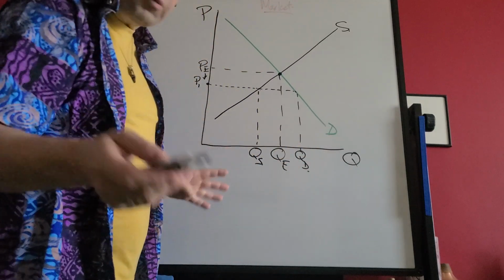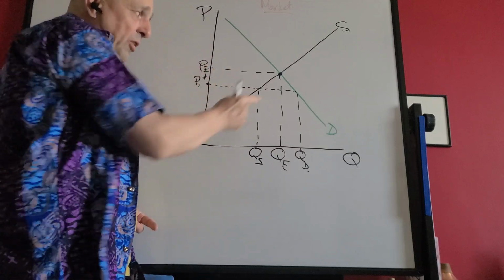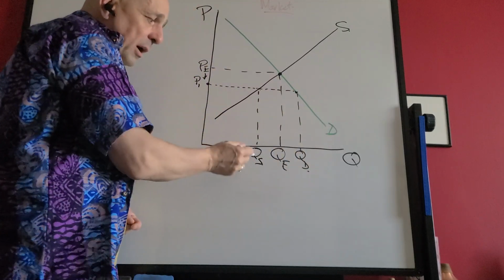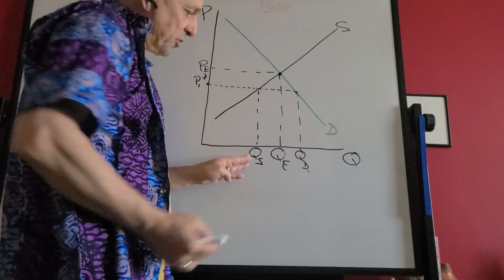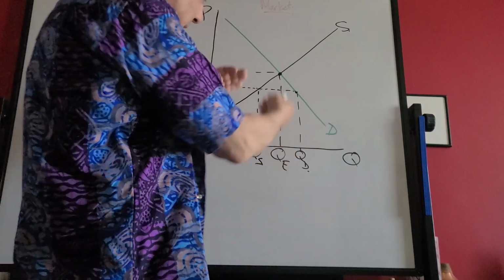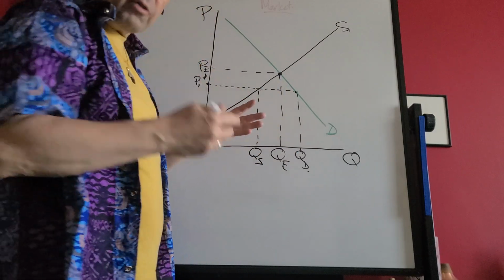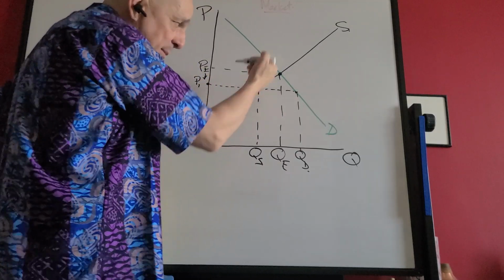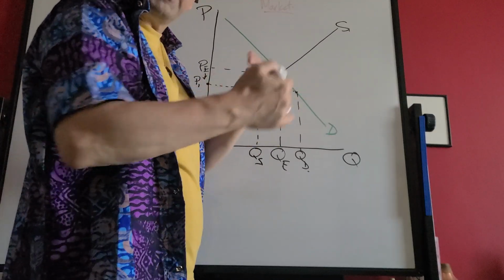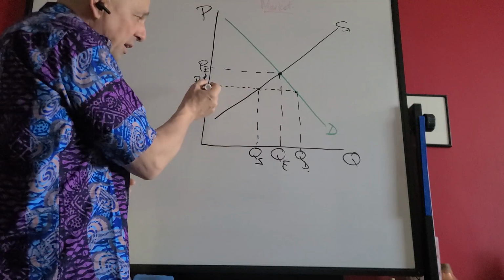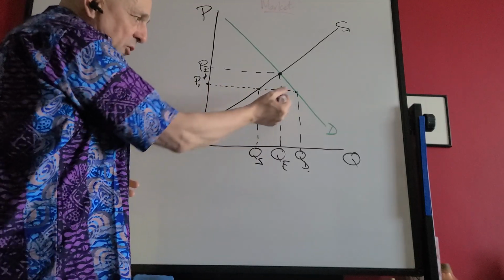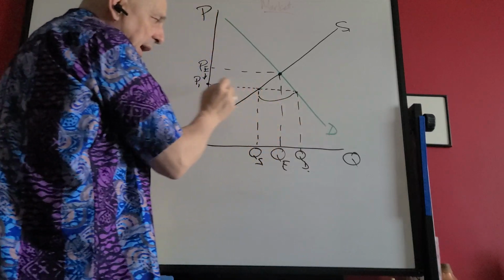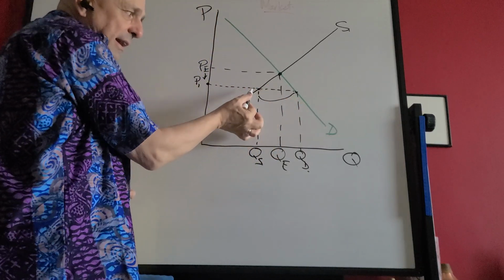So in other words, what are we saying here? At this low price, everybody wants this thing. All these people want this thing. But at this price, only this number of people are willing to supply it because of the cost of producing. If the cost of producing remains the same, as the price goes down, it becomes harder and harder to make a profit. So fewer people are willing to supply. So you've got this gap in between what's demanded and what's supplied.